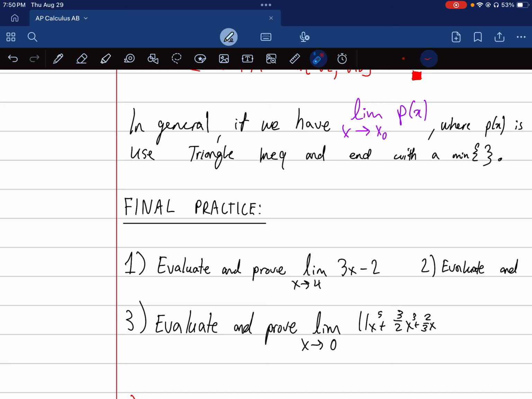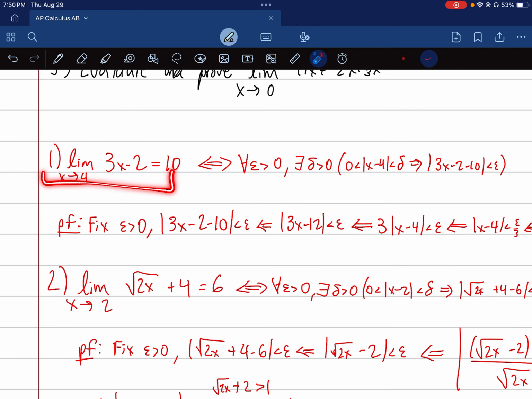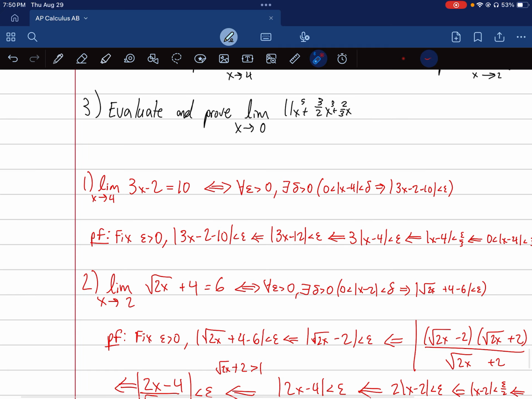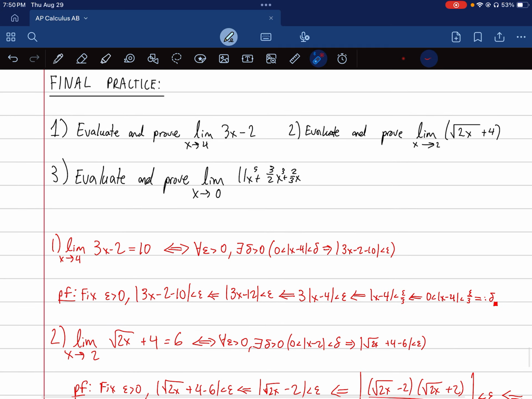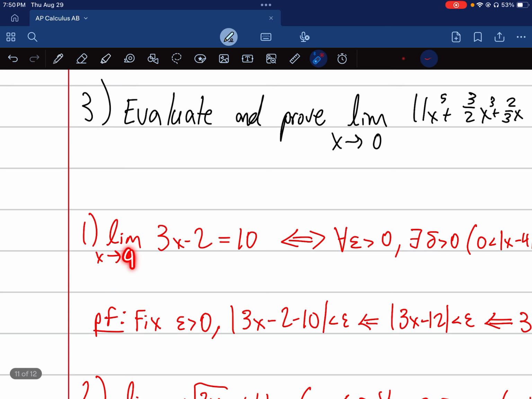So notice that when we have the following limit, we have to evaluate and prove. We'll rewrite this here, and we'll evaluate, which is the first step. X approaches 4, so 3 times 4 minus 2, which is 12 minus 2, which is 10.